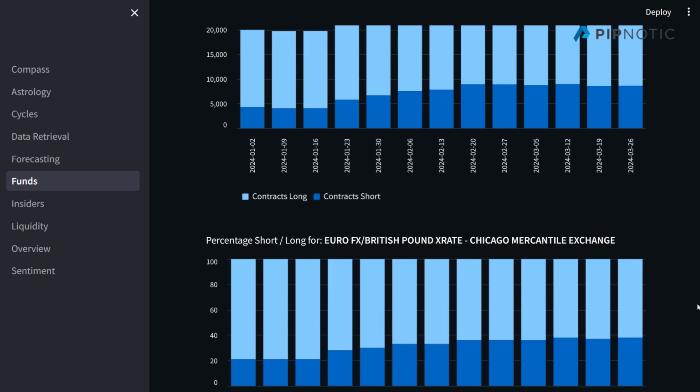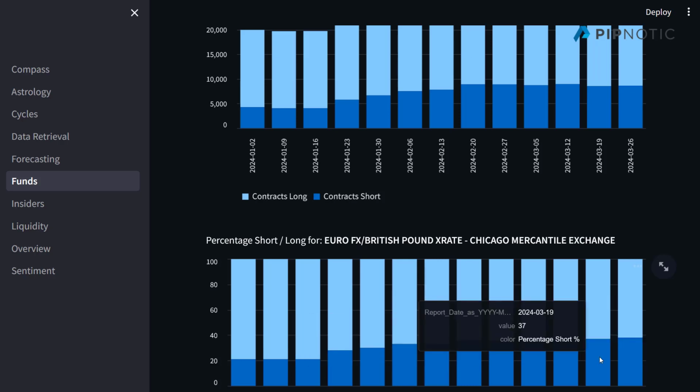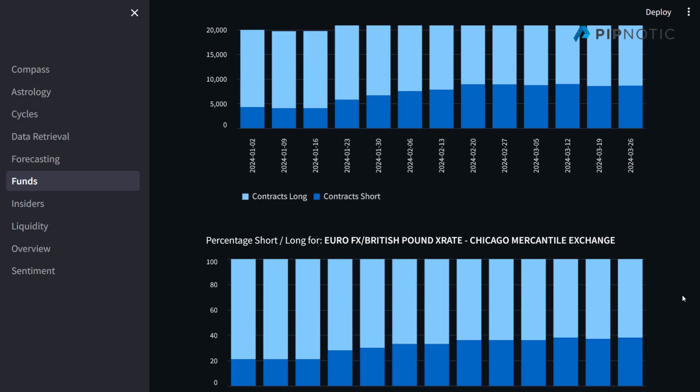And so the euro British pound, obviously this is a very decentralized market, so this is not all the information that we're going to see, but according to the futures market at least, this pair might begin to wriggle lower, but very, very gradually. We're not seeing any huge jumps or divergences in the buyers and the sellers.